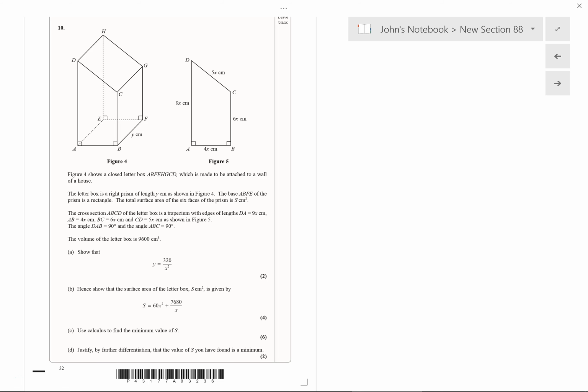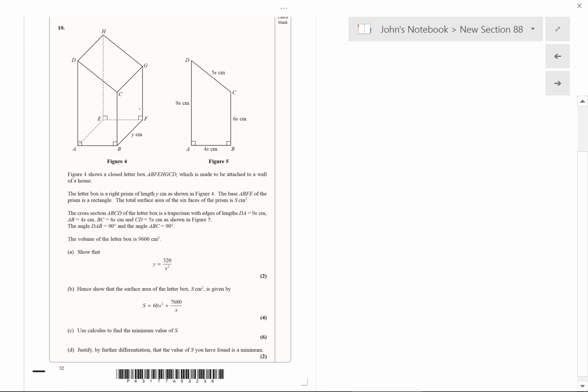We've got a closed letterbox which is made to attach to a wall of a house. The letterbox is a right prism. The right bit just means that they're all right angles on it. So the base ABFE, this base here of the prism, is a rectangle.